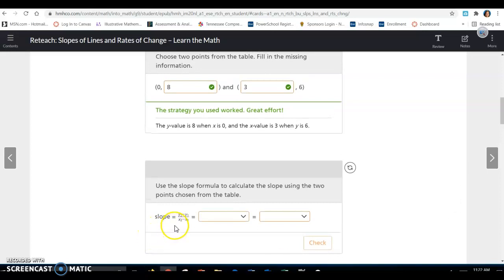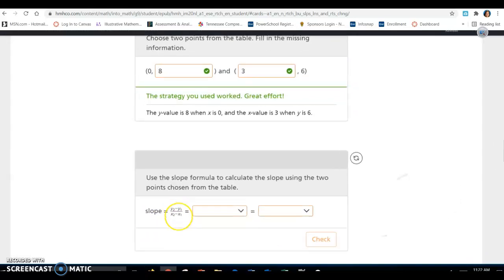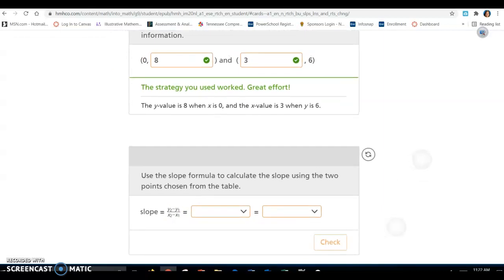The slope formula may be a little hard to read because it's kind of small, but it is the slope equals y2 minus y1 over x2 minus x1. Every ordered pair is an x and a y value.